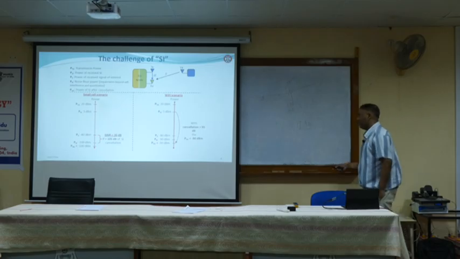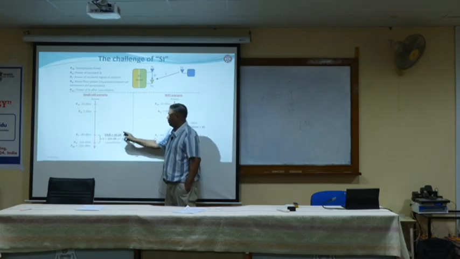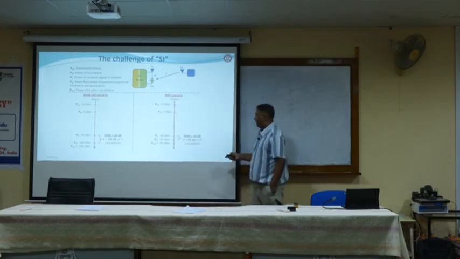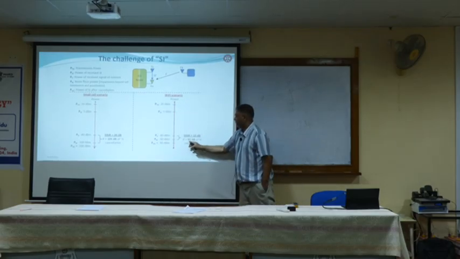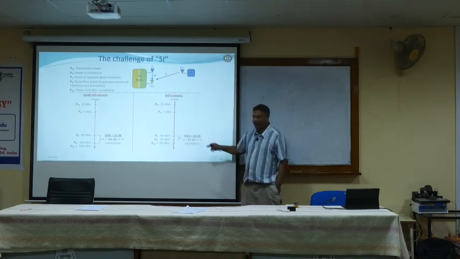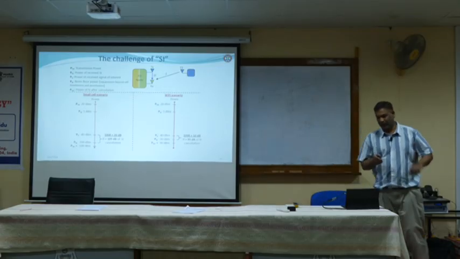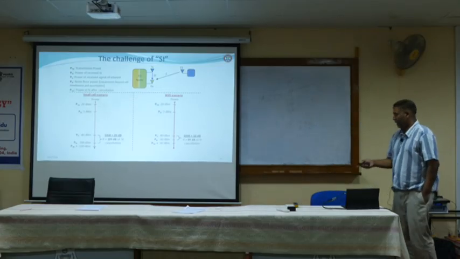This is a good SINR, and you can do communication. Similarly here, if you can cancel the self-interference by more than 95 dB, your SINR is 10 dB, which is a good SINR for communication.